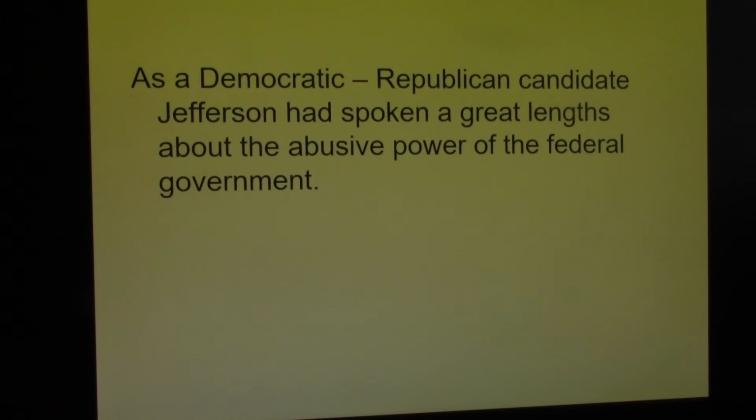As Democrat-Republican candidate, Jefferson had spoken a great deal about the abuses of the federal government. And everybody just assumed that when Jefferson became president, he would diminish the power of the federal government and increase the power of the state.